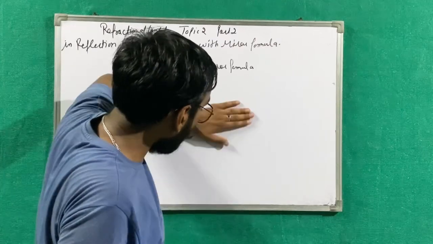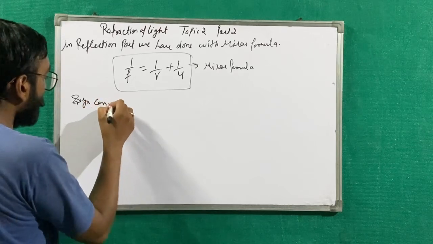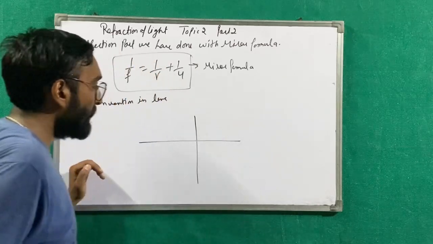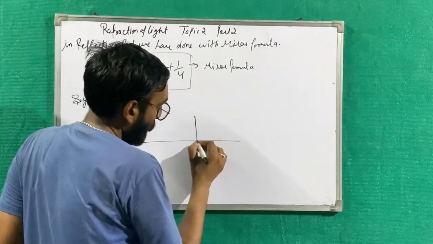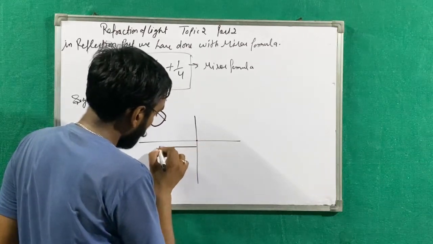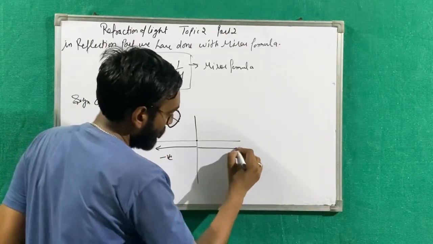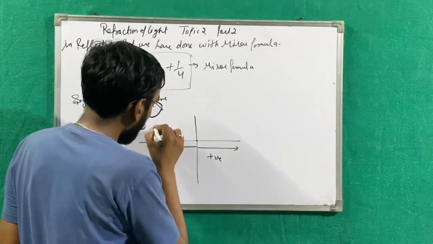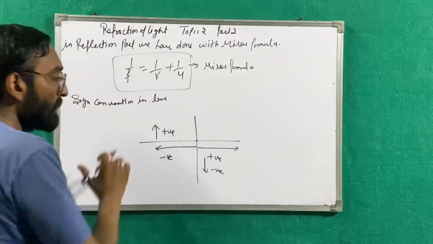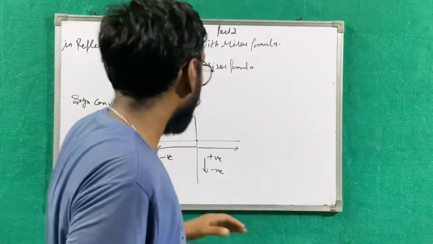For the sign conventions in length, it is going to be the same. If we are moving from the optical center in the direction of the object, this is going to be negative, this is going to be positive, this is going to be positive, this is going to be negative. So these are the sign conventions which we are going to use in the lens formula.